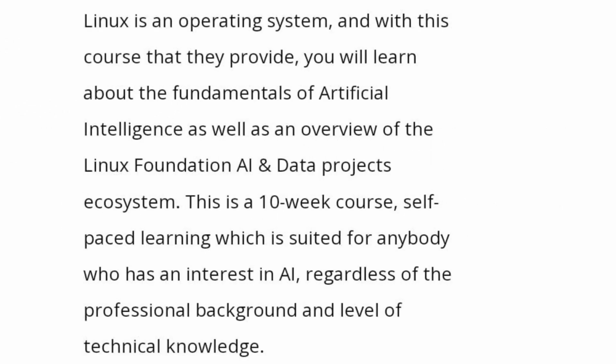Moving to the third one, Data and AI Fundamentals, Linux. Linux is an operating system, and with this course that they provide, you will learn about the fundamentals of artificial intelligence as well as an overview of the Linux Foundation AI and data project ecosystem. This is a 10-week course, self-paced learning, which is suited for anybody who has an interest in AI, regardless of the professional background and level of technical knowledge.